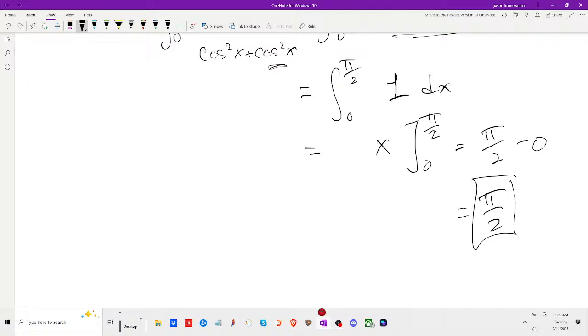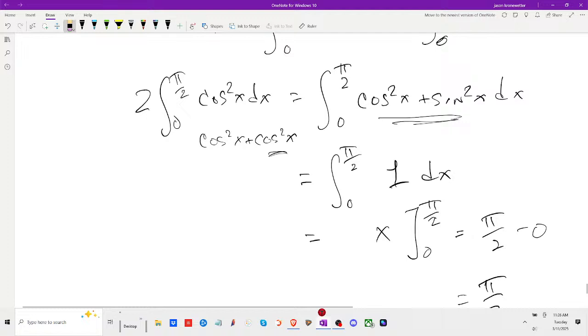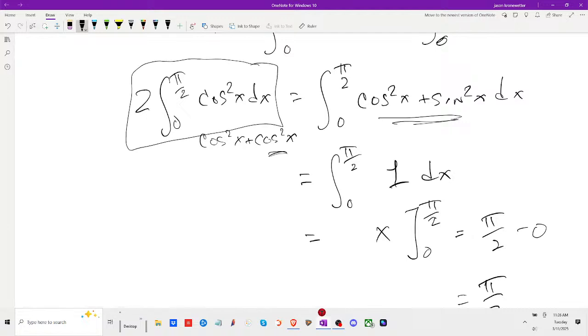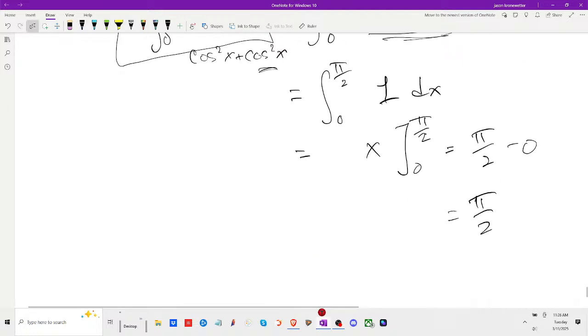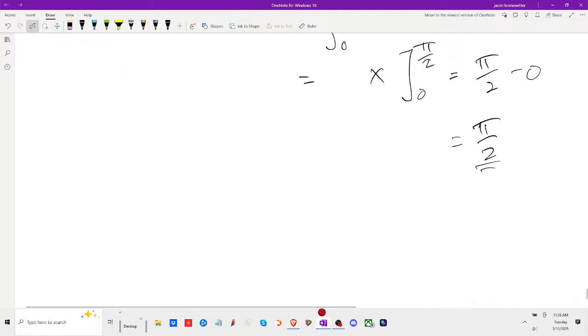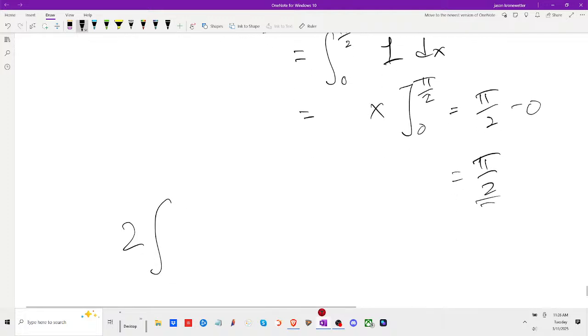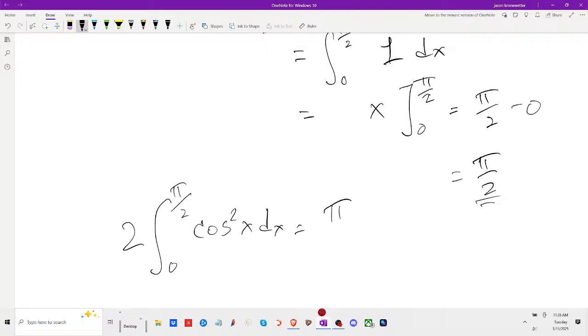Okay, so what did I find? Let's just hold on, time out. What I found was that 2 times this is equal to pi over 2. So 2 times the integral from 0 to pi over 2 of cosine squared x dx is equal to pi over 2.